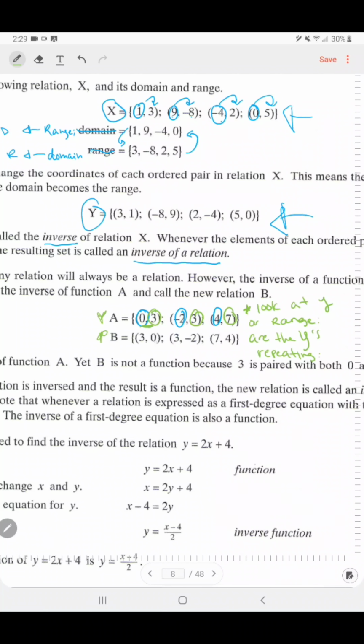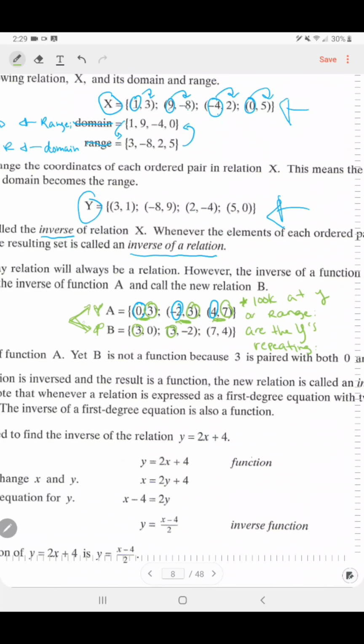So 0, 3 becomes 3, 0. 2, 3 becomes 3, 2. And 4, 7 becomes 7, 4. So when they flipped, now the X's are repeating. So these two are not inverse functions, because when they change places, the X's end up repeating.